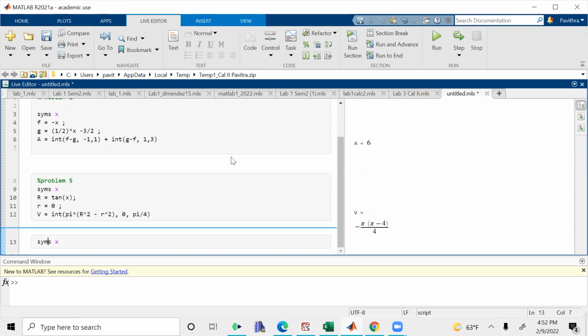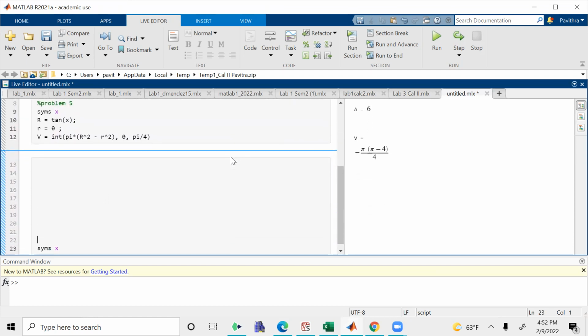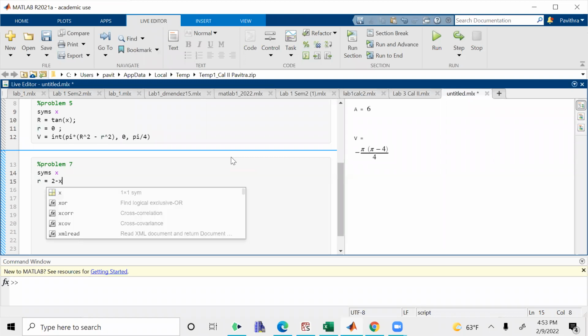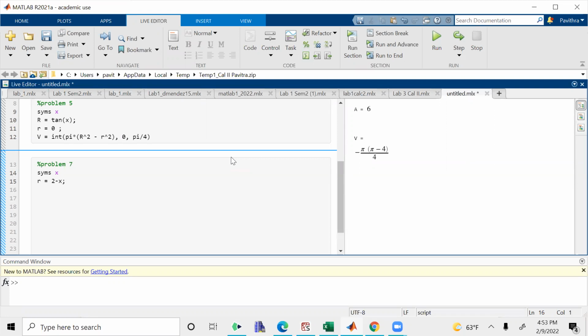Syntax as usual, and this is for problem 7. r equal to 2 minus x. It's a function given in your lab assignment. This is for problem 7, which we did not do in the hand calculations. Square root of x minus x square.